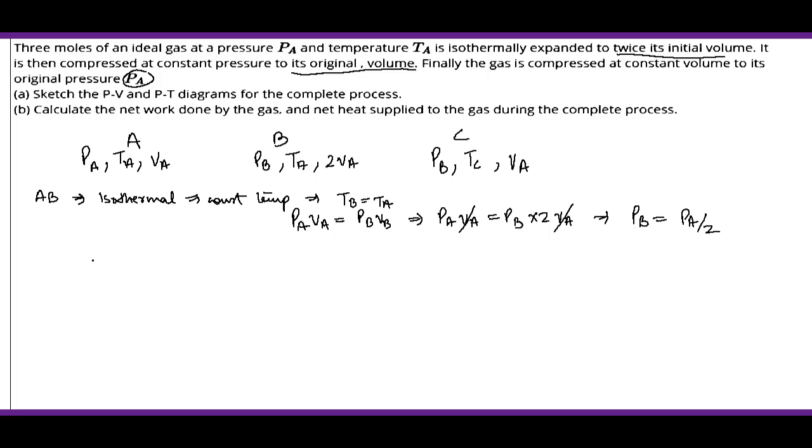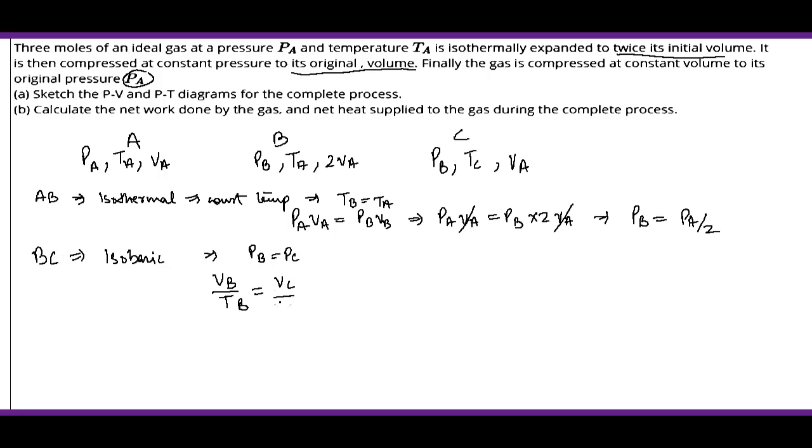Okay, so now for process BC, that is the second process, it has given us constant pressure, so that means it will be isobaric. So this implies that Pb will be equal to Pc, which I have already written. So from here we can see that Vb over Tb will be equal to Vc over Tc, as it is isobaric.